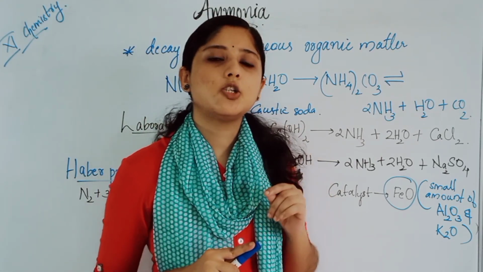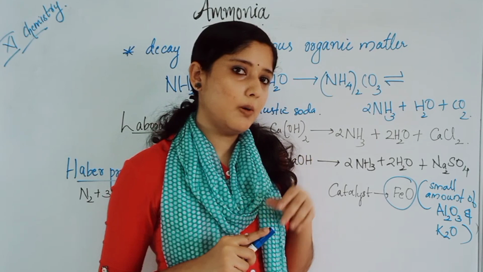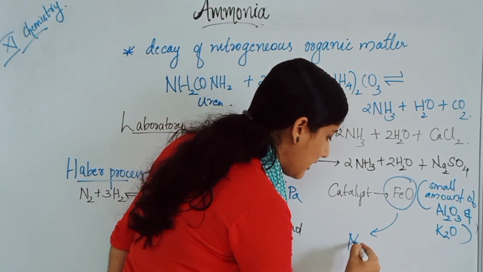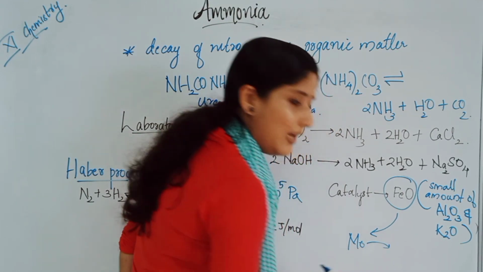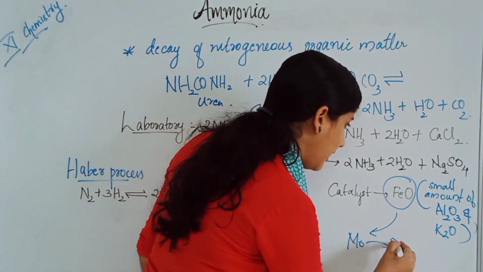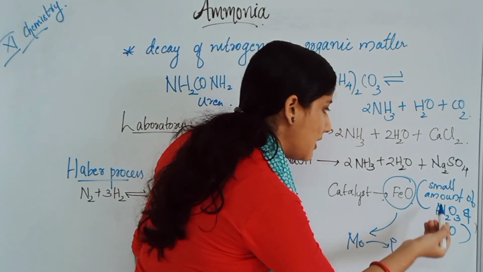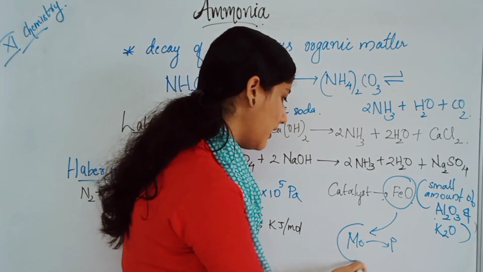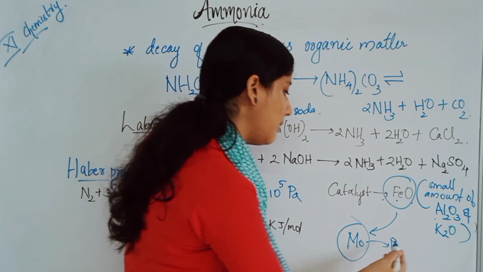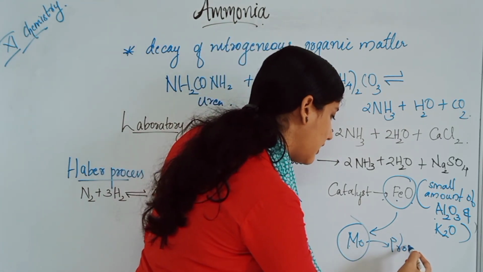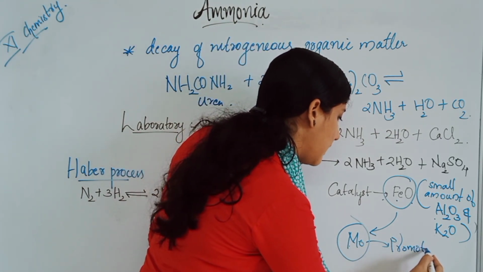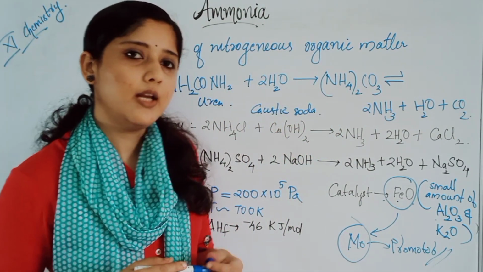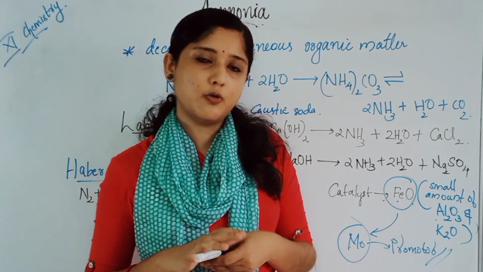Earlier, molybdenum metal, Mo, was used with iron oxide as a promoter for the reaction to take place.